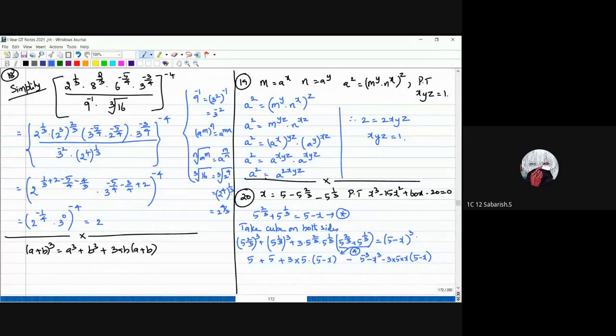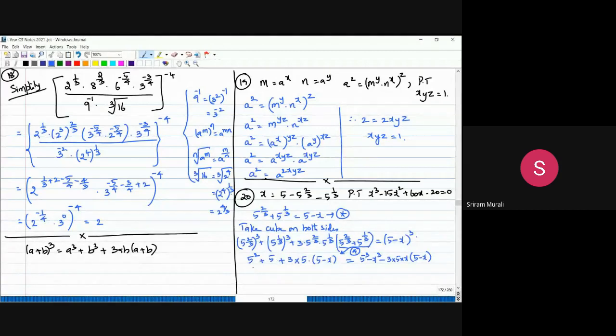That is equal, first 5 square, sorry, 5 square. Now can you tell me what is the next one? Segregate the equation.